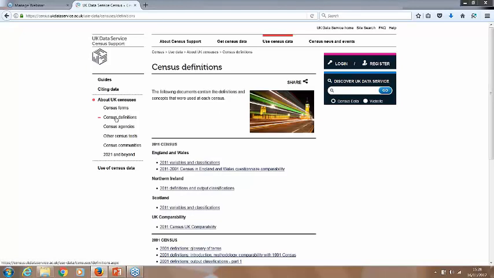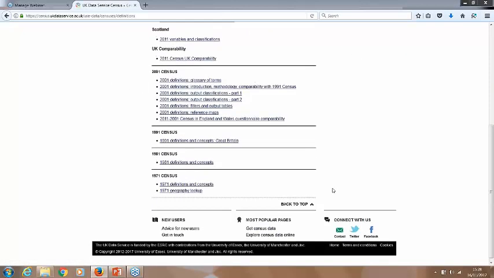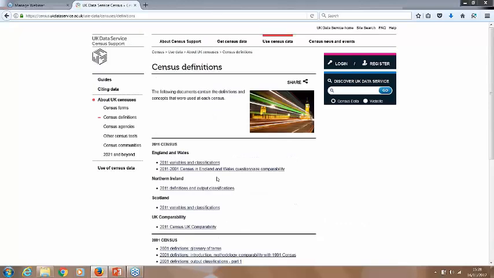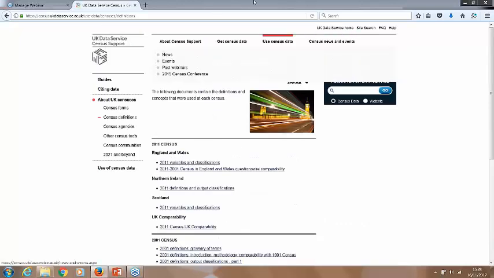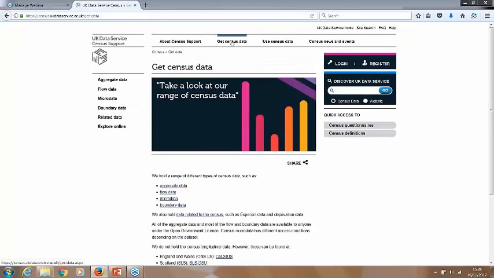Definitions, we have these basically, I think they're all in PDF format throughout the years, so it's 1971 to 2011. So we've got the forms there, and there's other information. But to get the data, which is what most people are after, just click on Get Census Data, and you can see, so I've talked about the different data types throughout this presentation, and they're here.